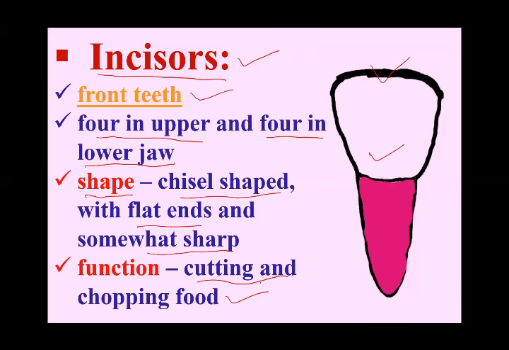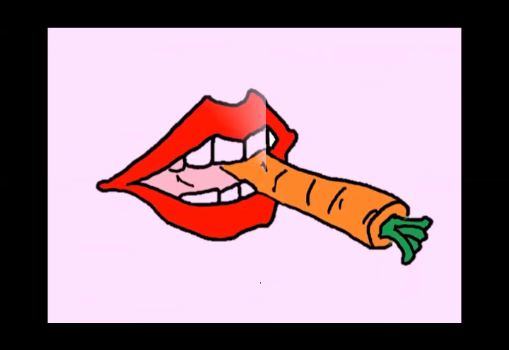So it can be observed in this slide. You can observe that this is the front part of the teeth and represents the incisors. You can see how these incisors help in cutting and biting the food items.